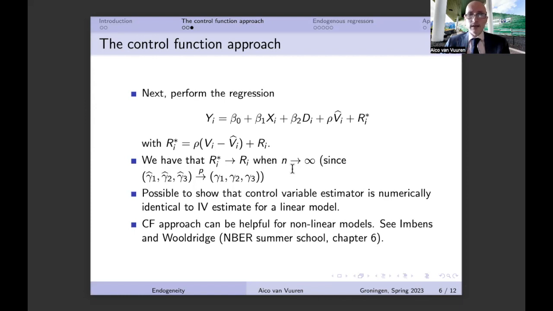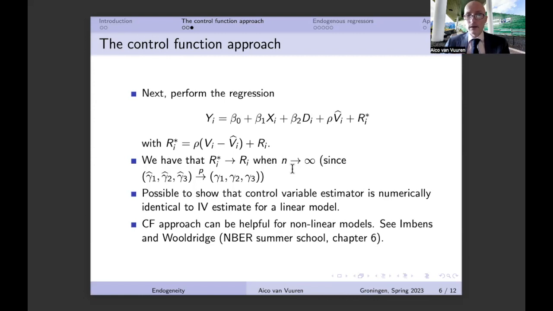Now you might of course say, well, then maybe it would be better to use IV, because we have an alternative that can also take endogeneity into account, and that is IV. But we should realize that IV is also a biased estimator.